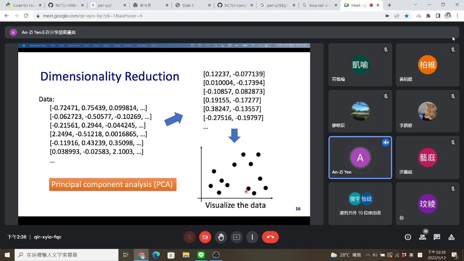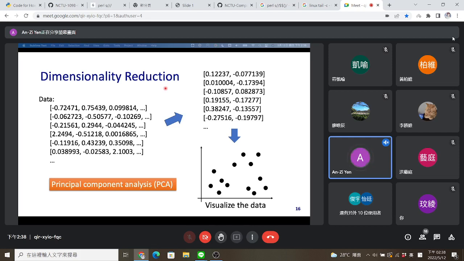Okay, so in the following slide, I want to talk about the second type of unsupervised learning problem called dimensionality reduction. There are several different reasons why we want to do dimensionality reduction. One reason is to perform data compression.